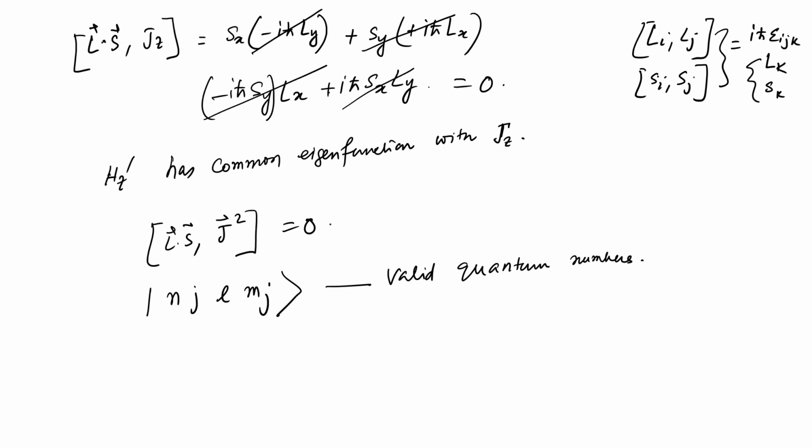Anyway, that we will come to later, but let us now go ahead with the N, J, L and M J basis. The N is the principal quantum number which will always be there.